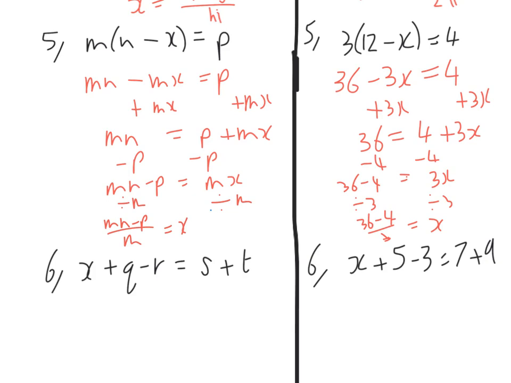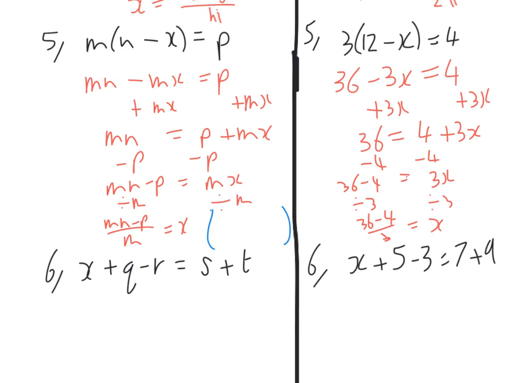Now I should say when you do some questions, you might get a different answer, you might think you're wrong. Sometimes the textbook can write, or you can write the answers in a different manner. So that's an answer that will get you full marks. You could, however, have started it off in a different way, or finished it off in a different way. This here, the whole numerator is divided by m.